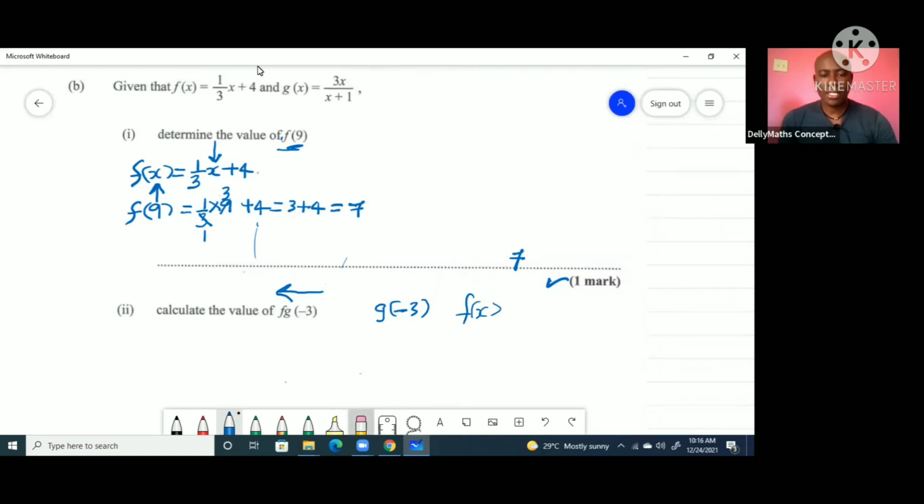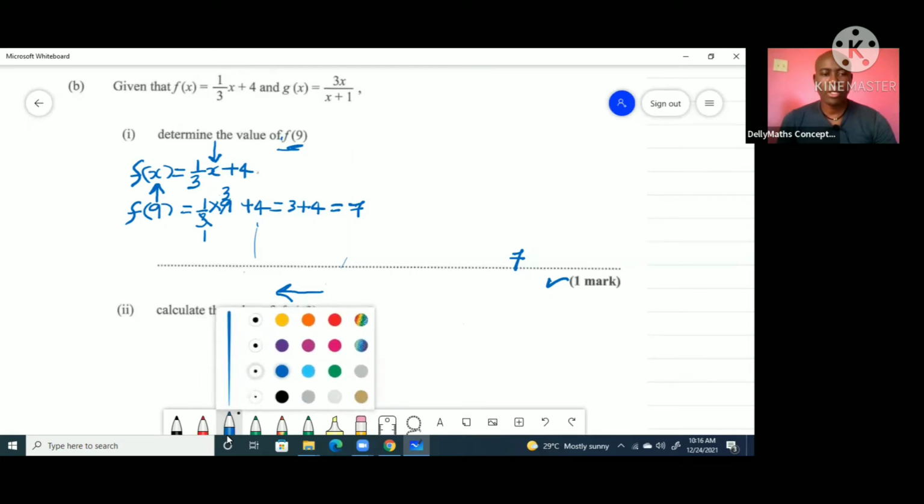Now let's go back to the functions, because we need to have the functions here to know what's going on. All right, good. Let me write the f function here quickly.